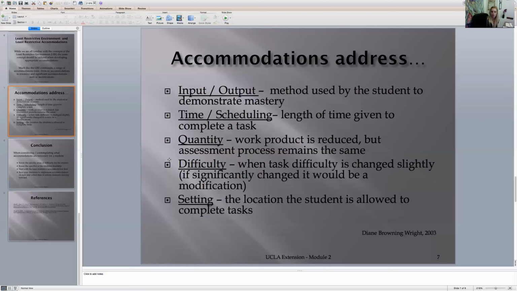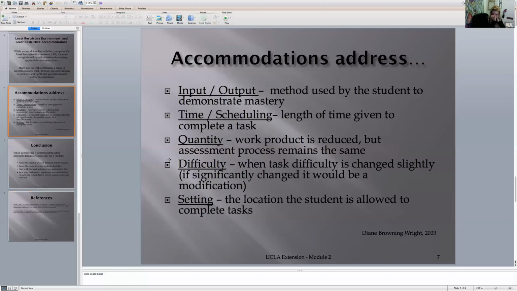Another way that you can address difficulty is by allowing students to use their strengths to answer or address certain questions or meet certain standards. And then the task does not seem as difficult because they are using their strengths to address the lesson objectives rather than their areas of need.